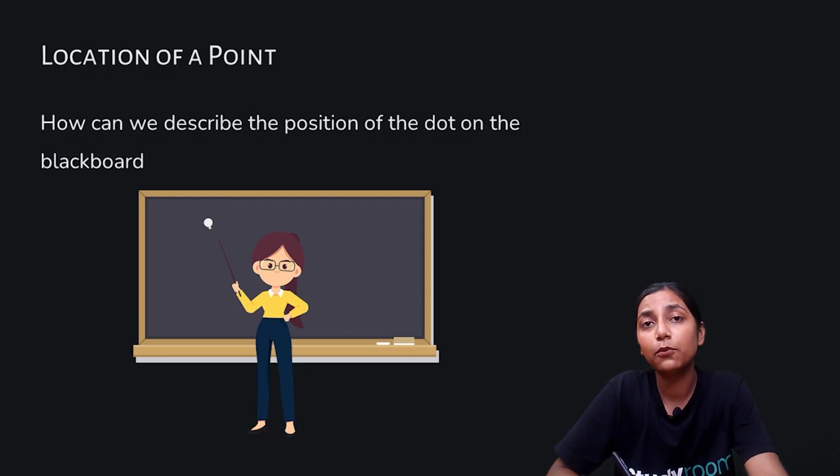For describing the location of this dot, you can take the distance from the top edge or from the bottom edge, and that is how you say that the dot is this many centimeters from the left edge, or this many centimeters from the bottom of the blackboard. That is how you locate a point. You can describe the position of this point.